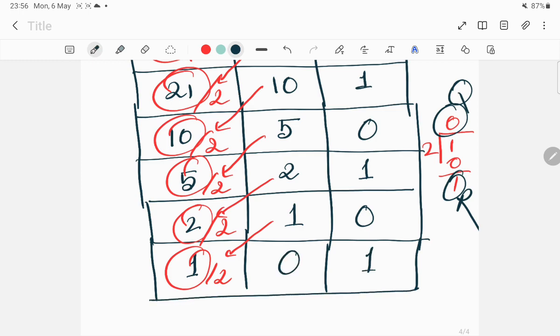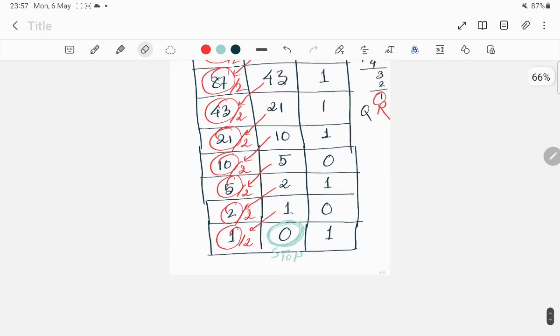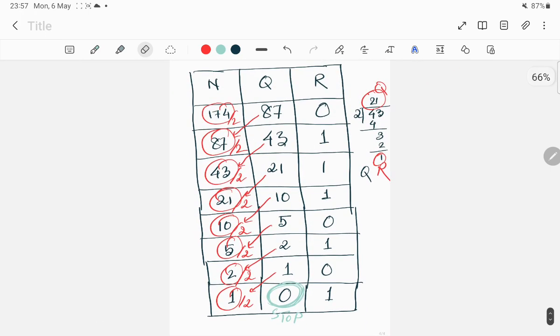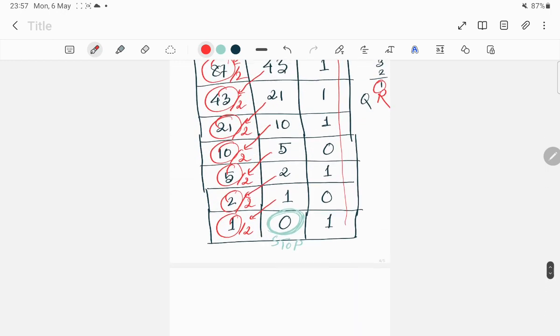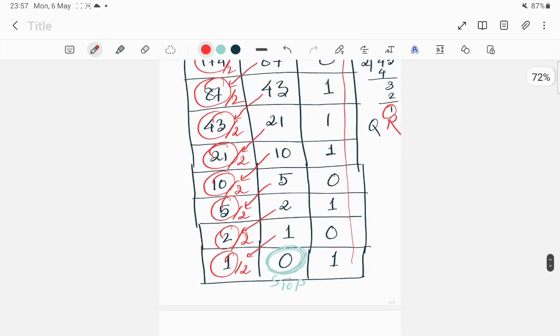So you can see that in this particular case the quotient has become 0, so we can stop. Now the next step is we need to read this whole thing in the reverse order. So for that I need to go to another page. So let us read these in the reverse order.